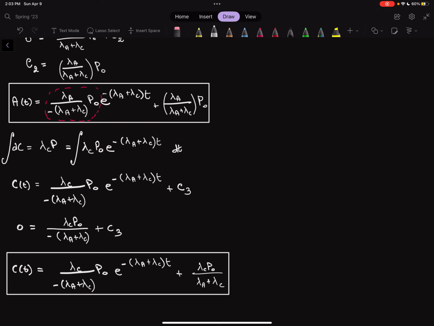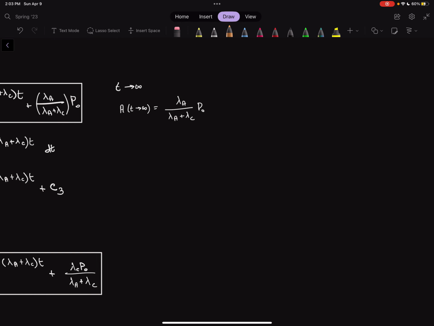So this term is transient, will go to 0. So as t goes to infinity, we can say that A becomes lambda A over lambda A plus lambda C of P naught. So this part is the percentage of the original amount.